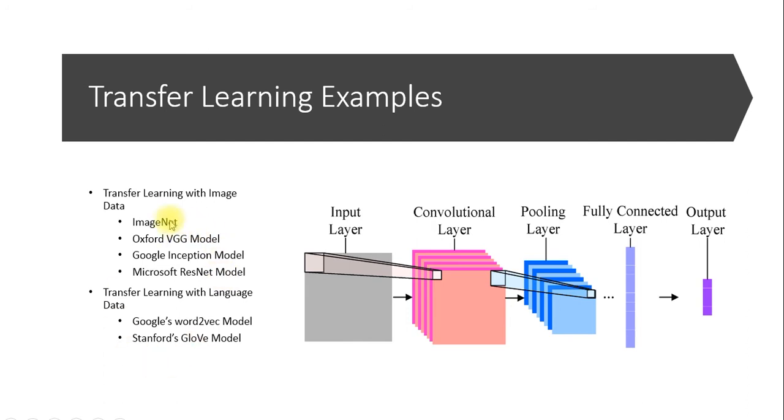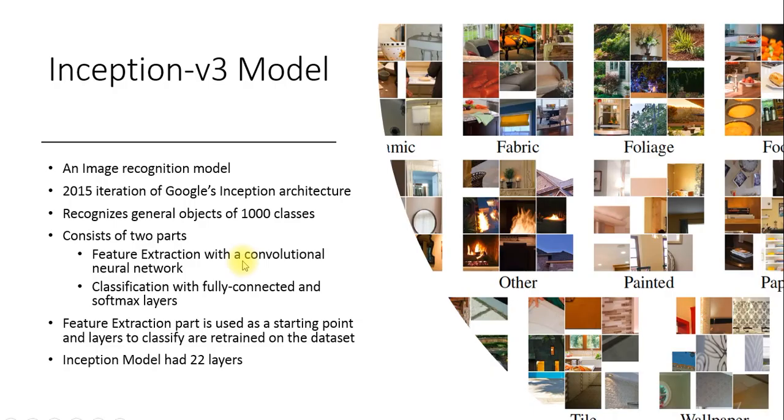But of course, if you work with imagery data, then these are the transfer learning models that you can look into. We have the same idea of an input layer, a convolutional layer, pooling layer, fully connected layer, and the output layer. A lot of these things we'll get as a part of the transfer learning model that we select.